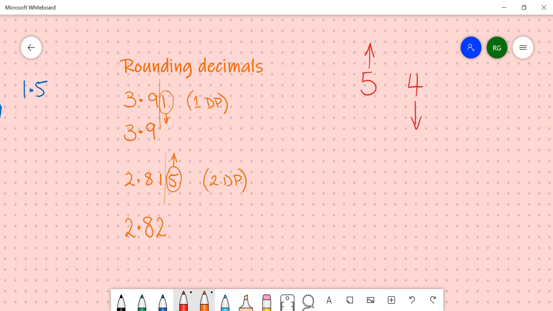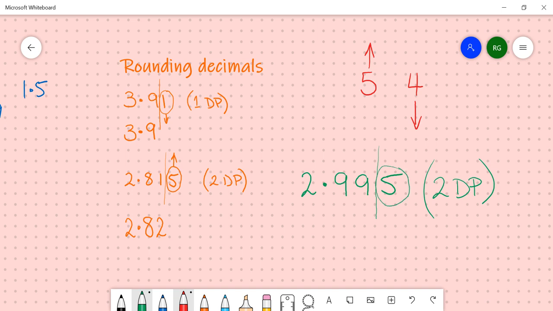Another example is the one that I've just put in green. 2.995 rounded to 2 decimal places. So I'm going to put my line down after the second decimal place, circle my 5. Now because it's a 5, I'm going to go up, which means I need to take that 9 up. Now if I take that 9 up, do I have 2.90?